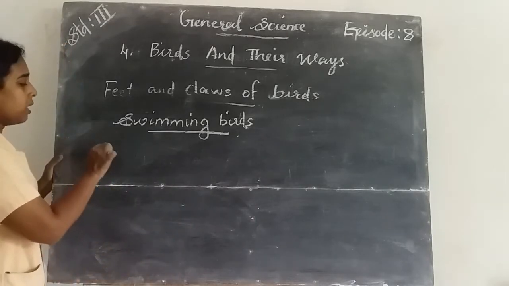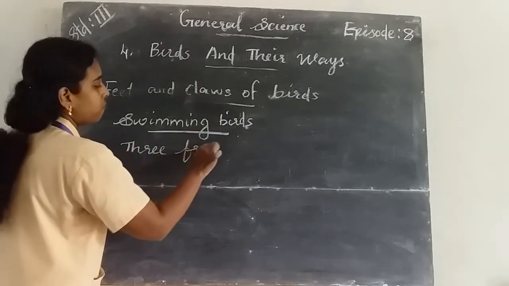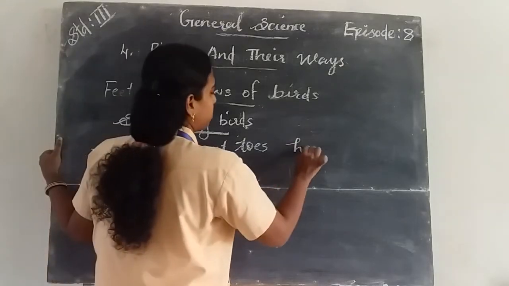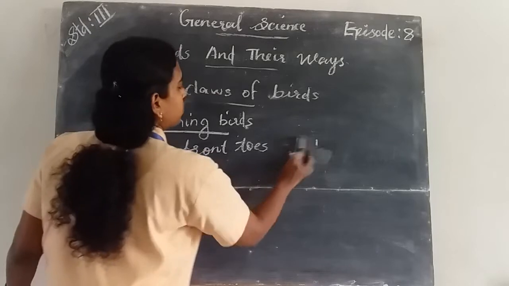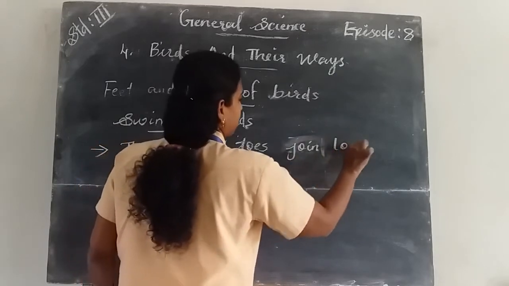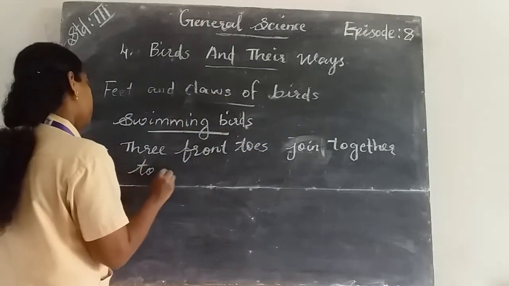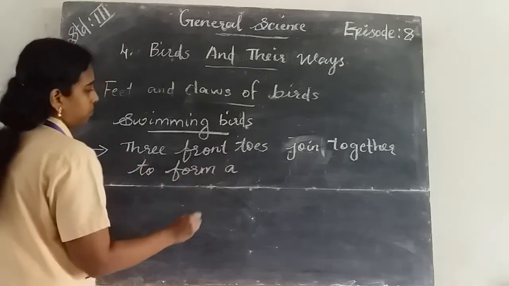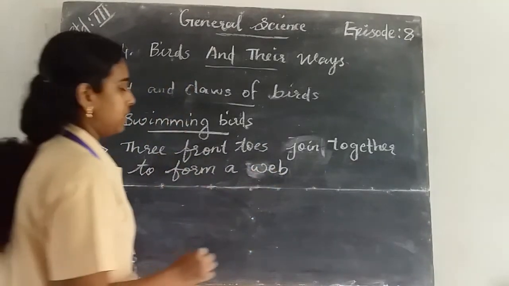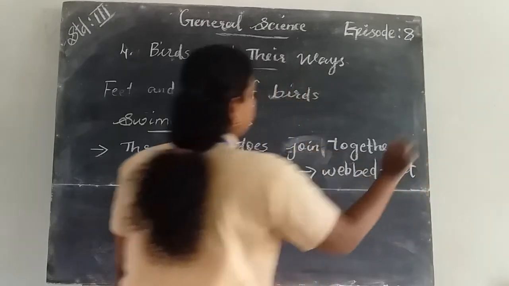The second category is swimming birds. They have three front toes, and to swim, the three toes join together to form a web, and it is called webbed feet.